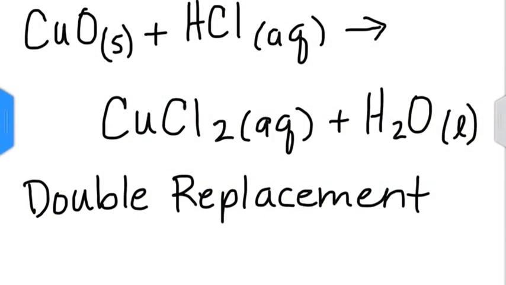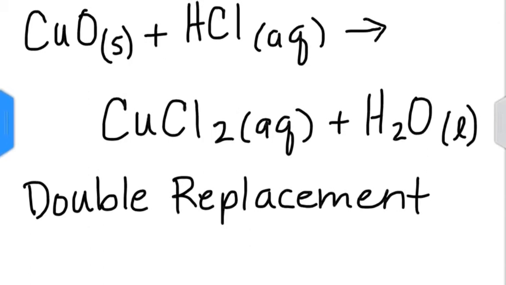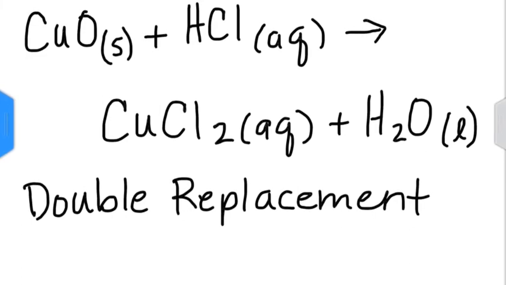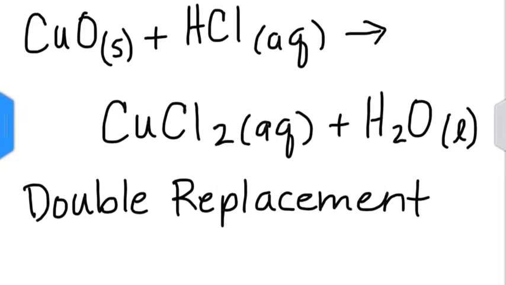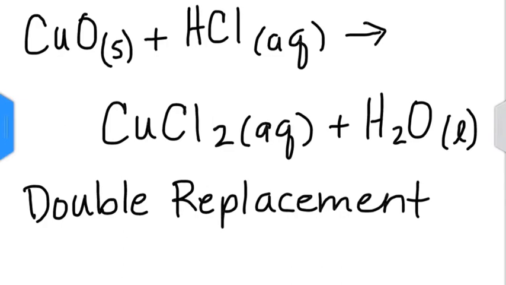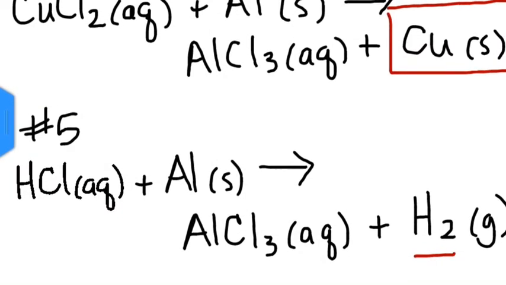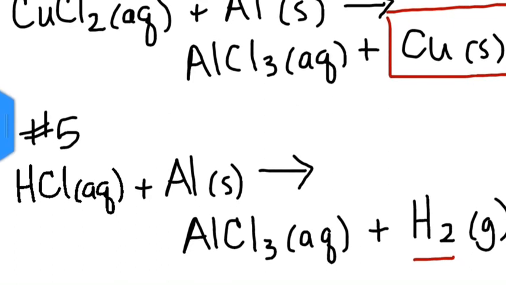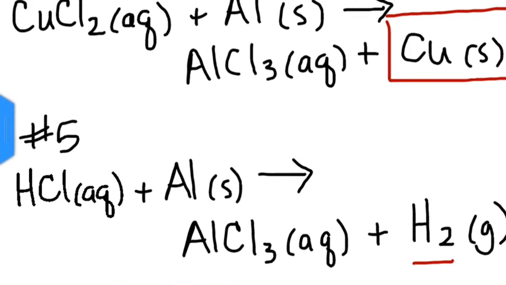If we look back at the equation for reaction number 3, where you added hydrochloric acid to the copper 2 oxide, you'll see that the products are copper 2 chloride and water. So as we write the equations for reactions 4 and 5, we're only going to include the copper 2 chloride because, again, water will not undergo a chemical change.